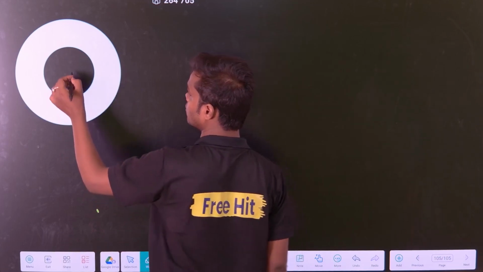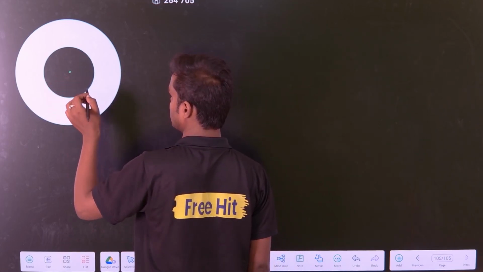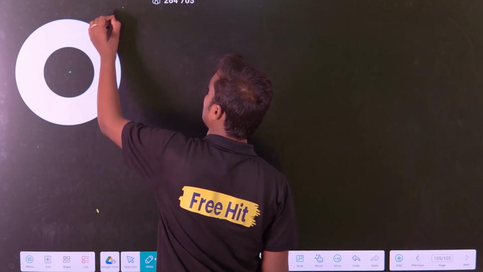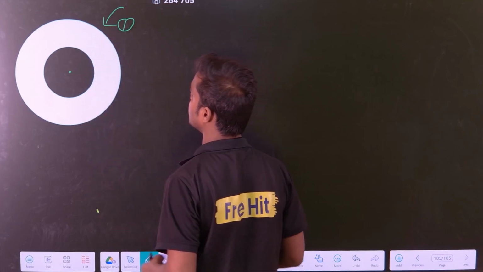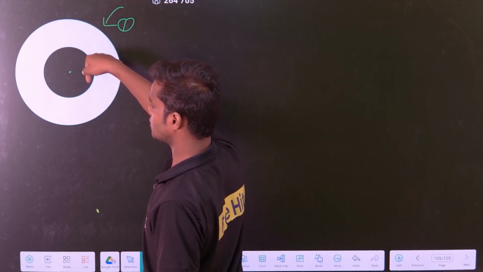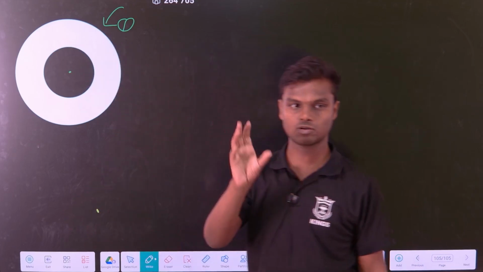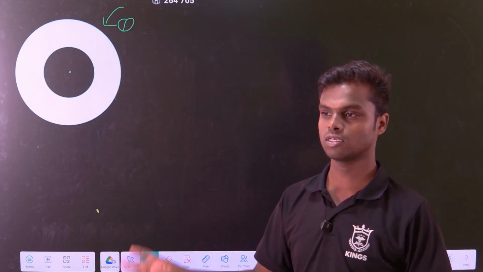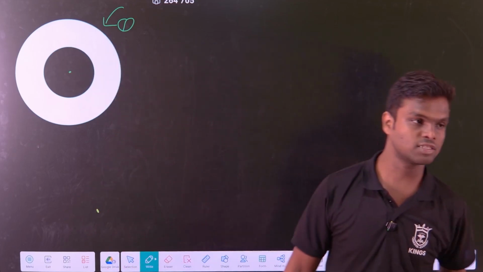Now suppose I have given a charge q. Where will the charge be present, on the outer surface or the inner surface? Just use the common sense which I have told you, and tell me where the charge will be present.